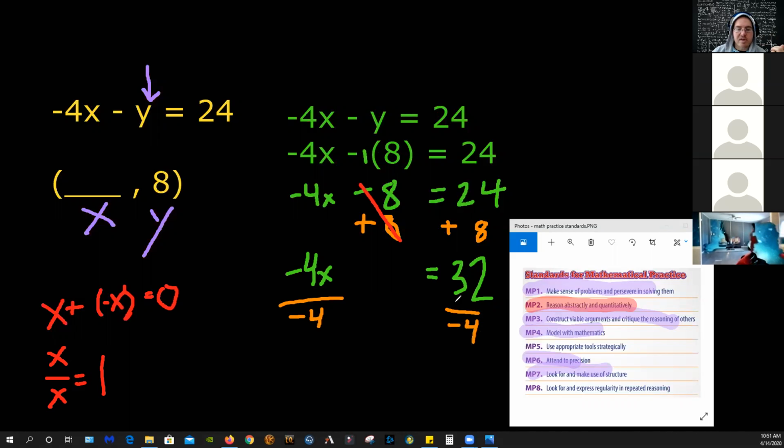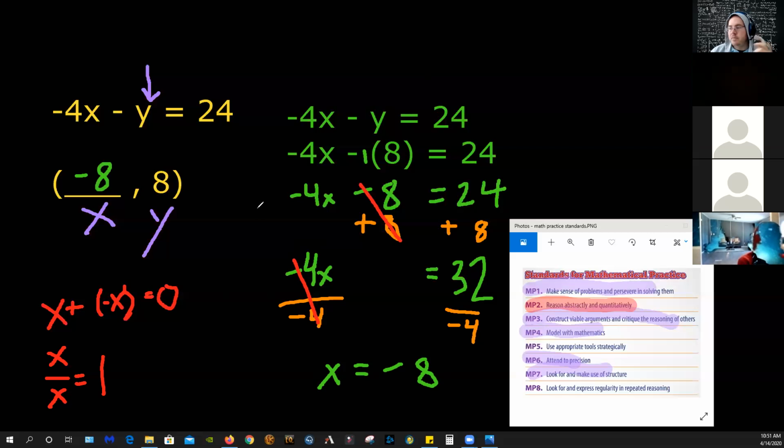I have to do it on both sides because of the equation, but the reason I did it in the first place is to make this equal to 1x. -4 divided by -4 is just 1. So what I end up on this side is just x. That's what I wanted from the beginning. X equals, now 32 divided by a -4 would be -8.